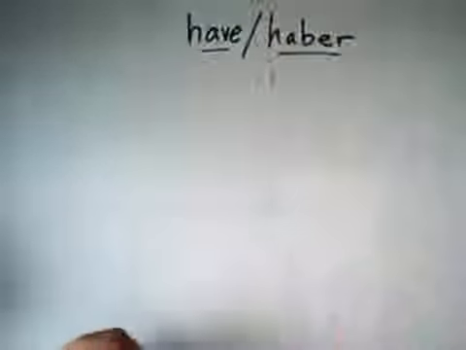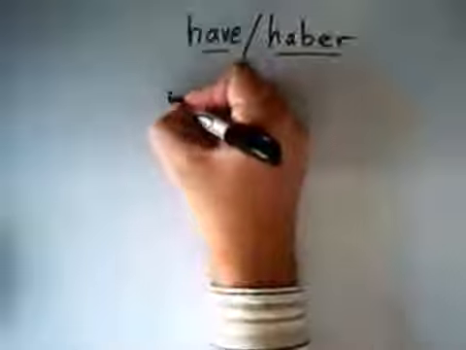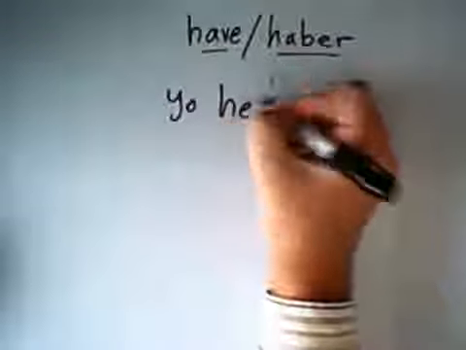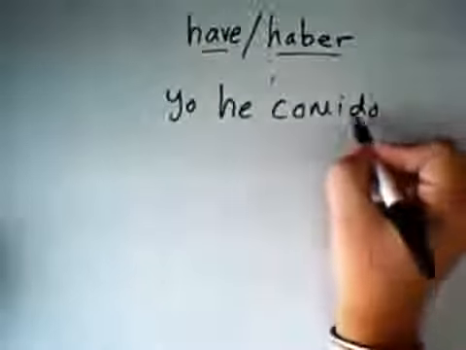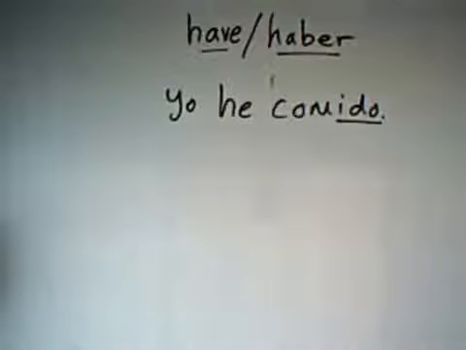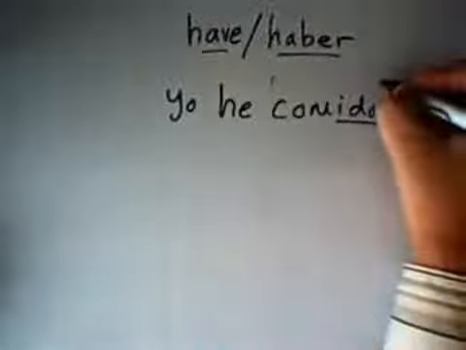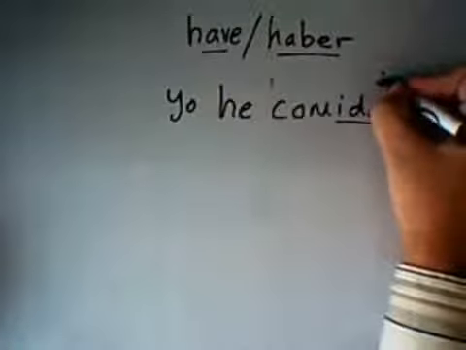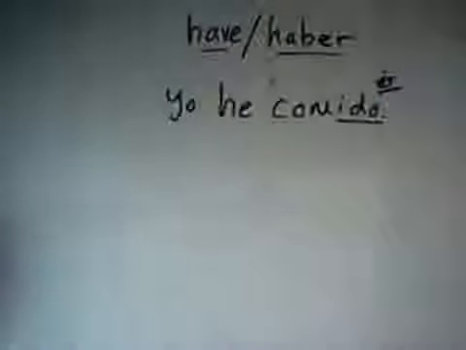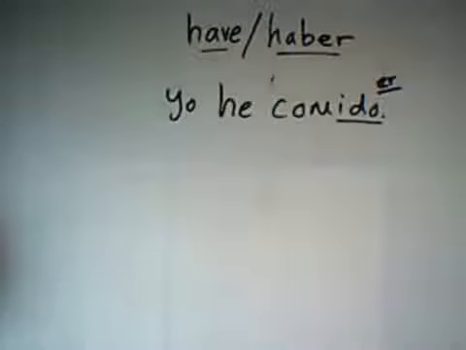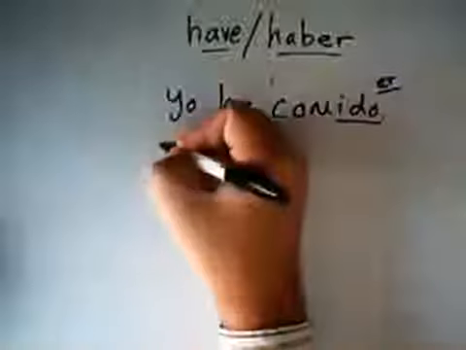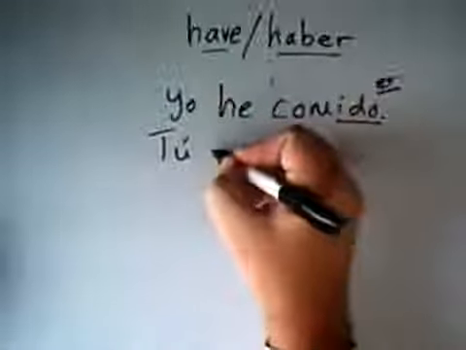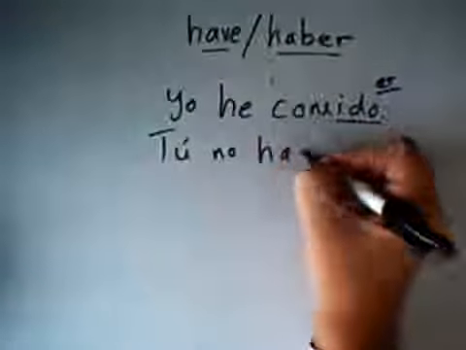Okay, so I have eaten, yo he comido. And again, you're going to look at how the end of that verb form appears, right? Yo he comido, remembering that comer is actually an ER verb. Yo he comido, okay?